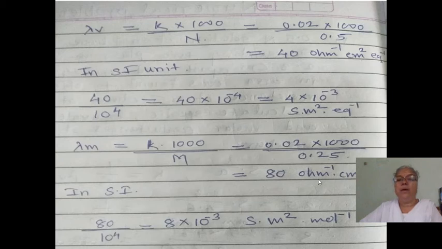That means molar conductance is equal to 80 ohm inverse centimeter square into mole inverse, and by converting this into SI unit, by the same method, 80 divided by 10 raised to 4, that means 8 into 10 raised to minus 3, and the unit Siemens meter square into mole inverse. This is the expected answer.